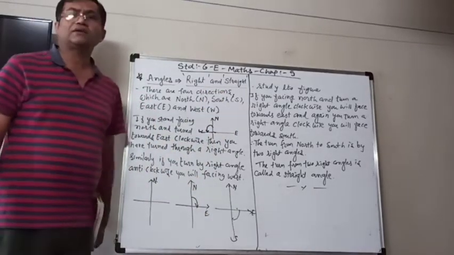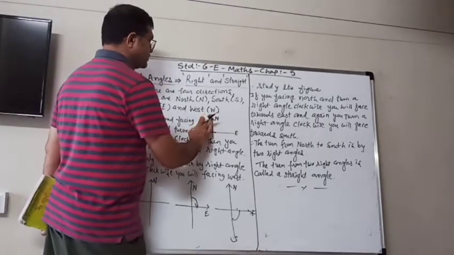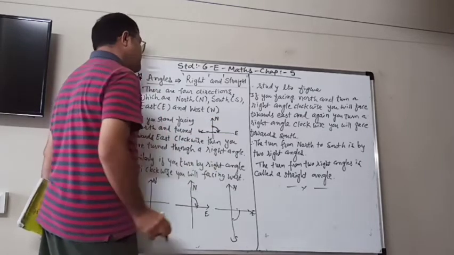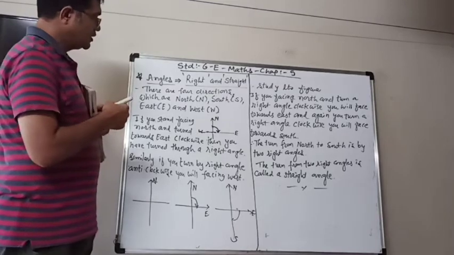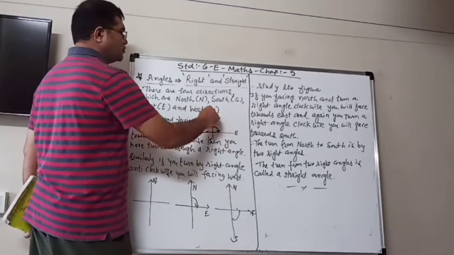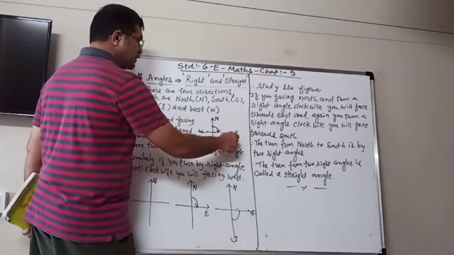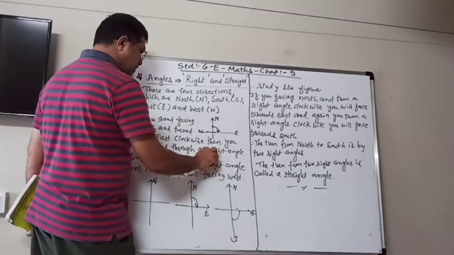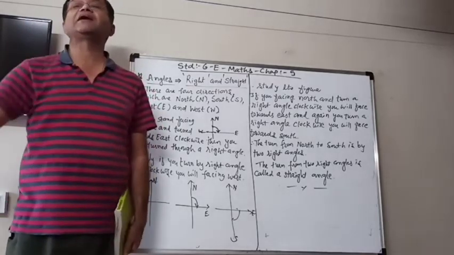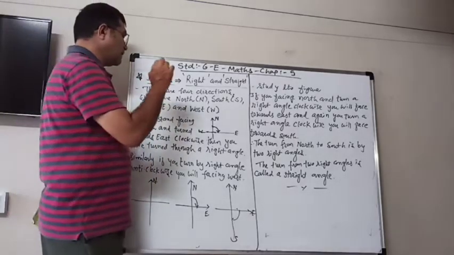That is also a right angle, but you moved anti-clockwise, so you will be facing toward the west direction. So whenever we move from north to east or from north to west, or similarly from east to south or south to west, you know that a 90-degree angle is made. So here you are moving a right angle.